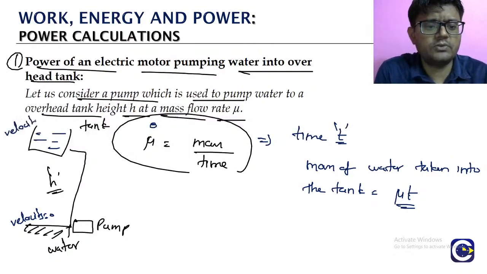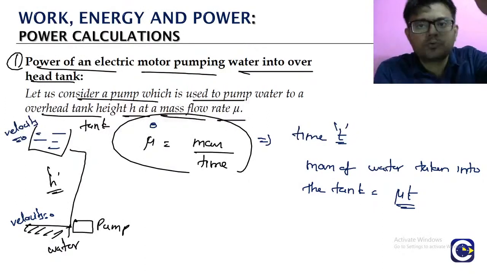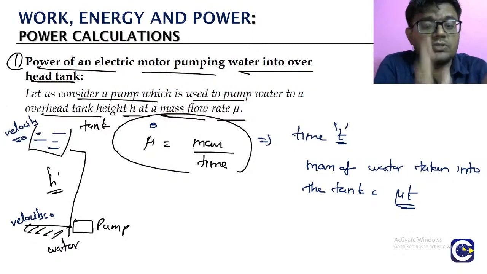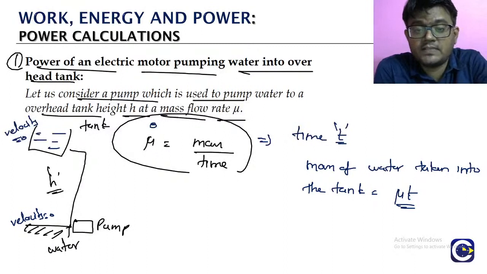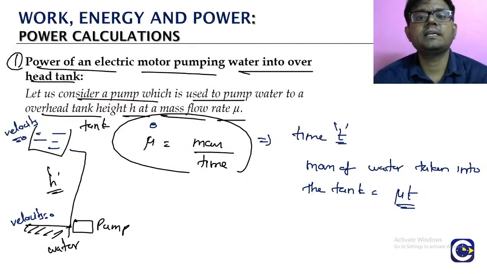So here we don't need to discuss the kinetic energy concept. Water is of course moving. To reach the top it is moving, but once it is going to the overhead tank, its velocity is becoming zero. So there is no discussion about the kinetic energy part. The only thing is we are taking it from the surface of the earth to a height h, which means the potential energy of the water is increasing.